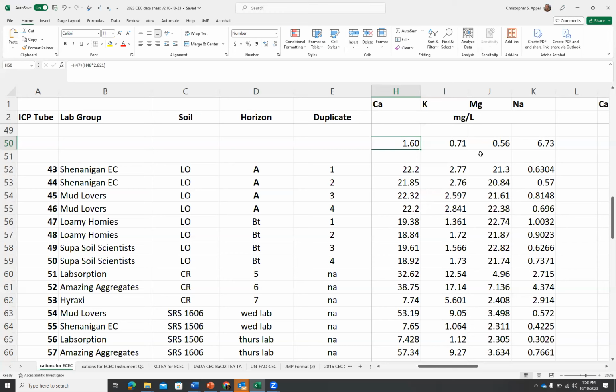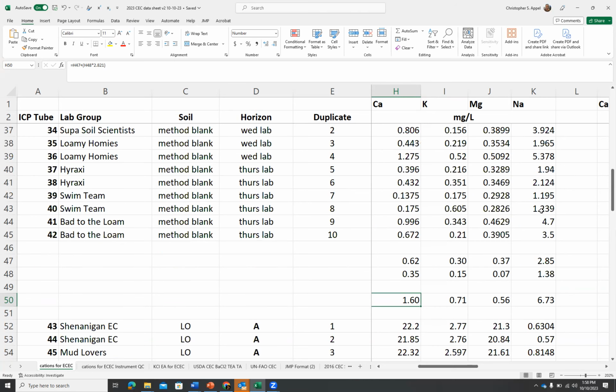And so we ran blanks to figure out that was the case. So what we're going to do is take our average values, and we're not going to use our method detection limit, but we're going to take our average values and subtract these from all of our other values when we do the calculations for CEC and stuff like that.